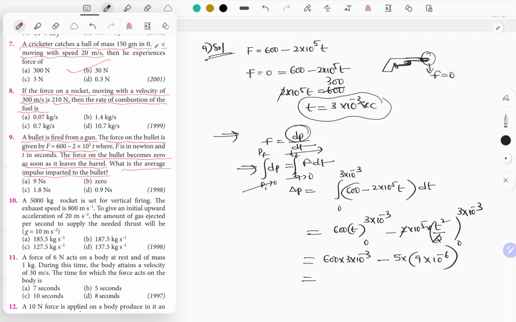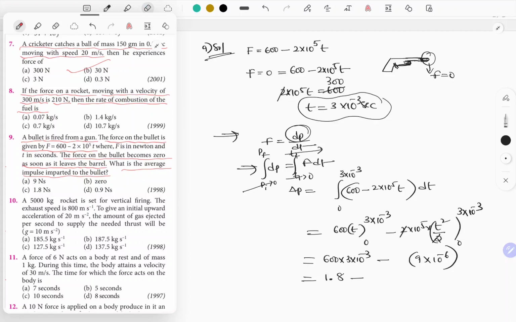So it is going to be 18 into 10 power minus 2, which is equal to 1.8 minus, so 9 5s are 45. There is no pi here, that representation is wrong.